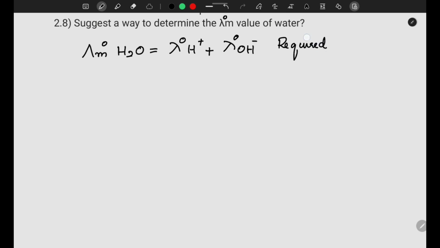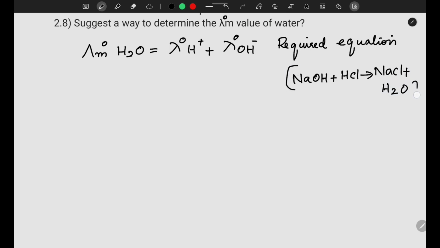So we can prepare H2O by adding NaOH and HCl. The neutralization reaction we know: NaOH plus HCl will give you NaCl plus water. So if you take the sum of the limiting molar conductivity of NaOH and HCl, and from that subtract the limiting molar conductivity of NaCl, we will get the limiting molar conductivity of water.